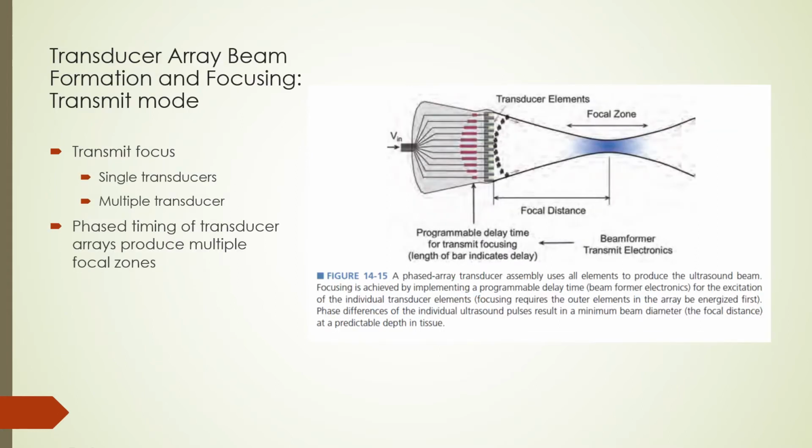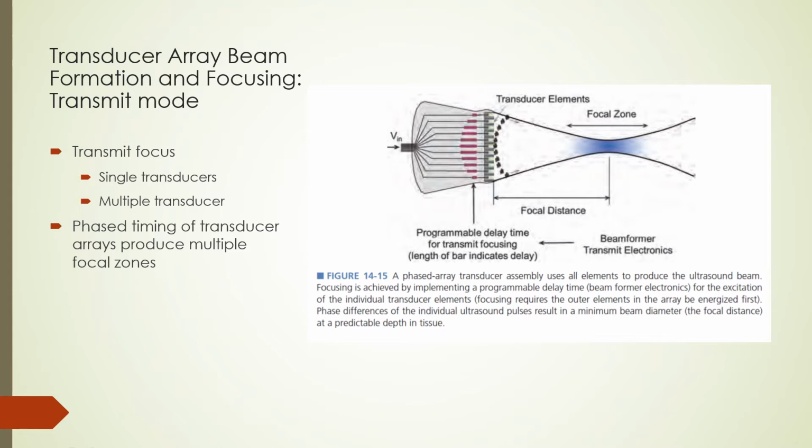Ultrasound transducers are designed to both transmit and receive ultrasound signals. For multiple frequency transducers, the transmit focal zone is achieved by simultaneously firing transducers in a pre-programmed pattern. Multiple focal zones can be produced by varying the phase timing of the transducer array elements.